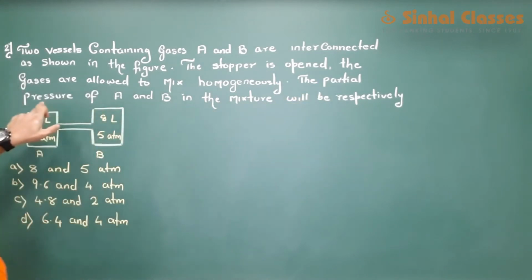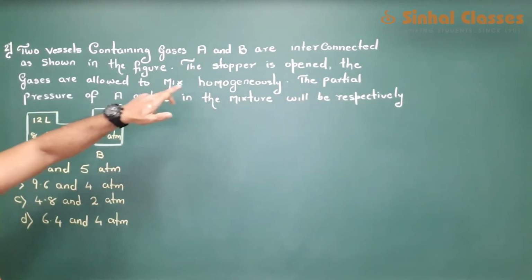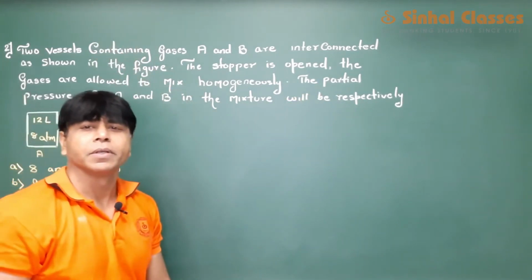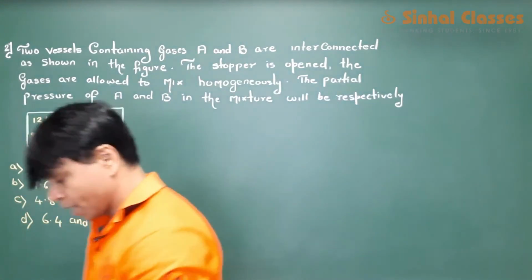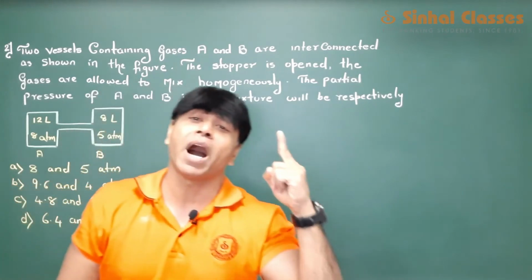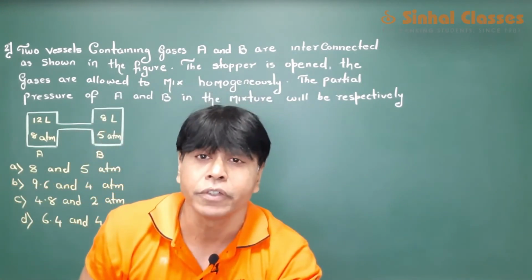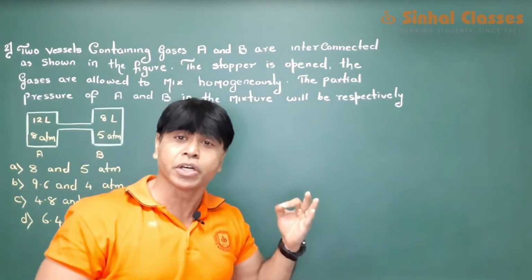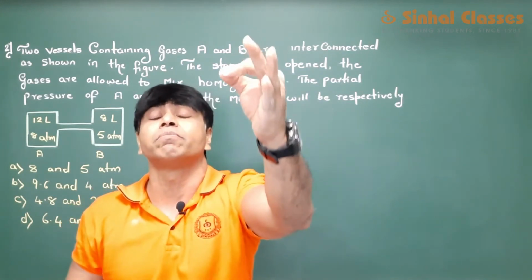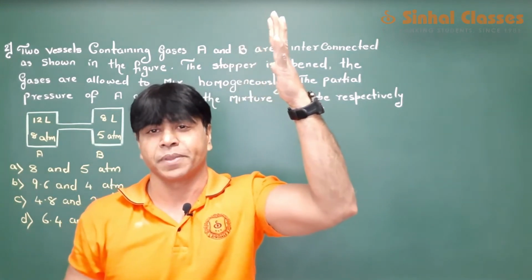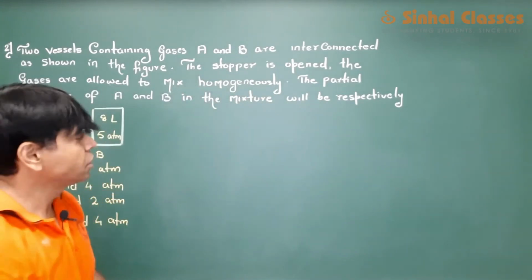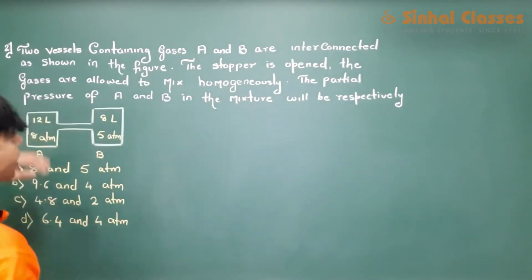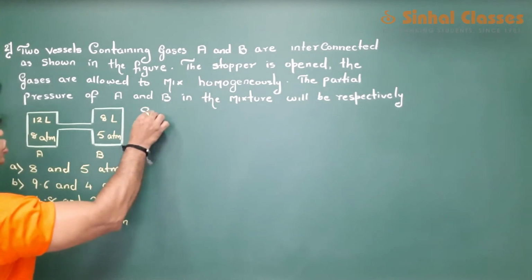The partial pressure of A and B is: So now you need to find out partial pressure. We know that partial pressure is the product of total pressure into its mole fraction. So let's see step by step how you will go about it. Let's see the solution part.